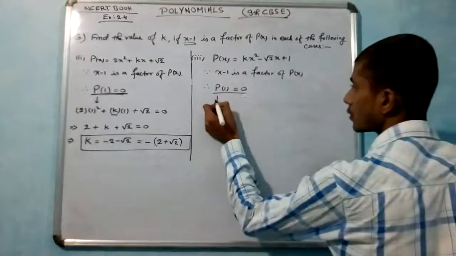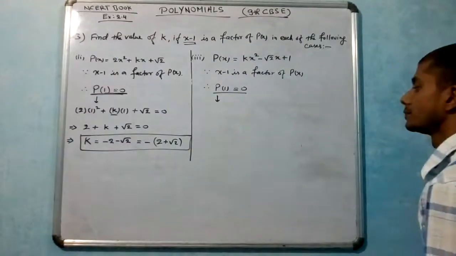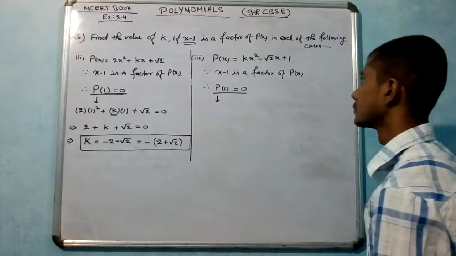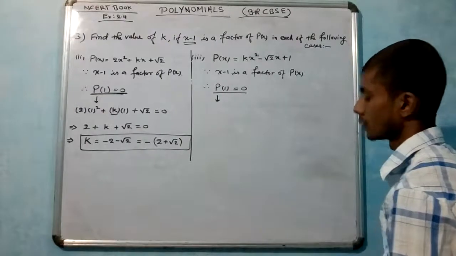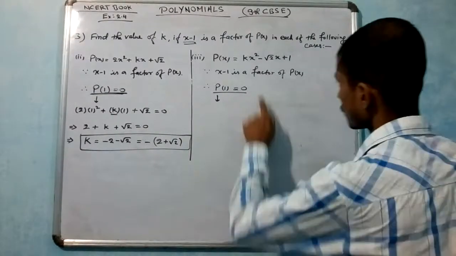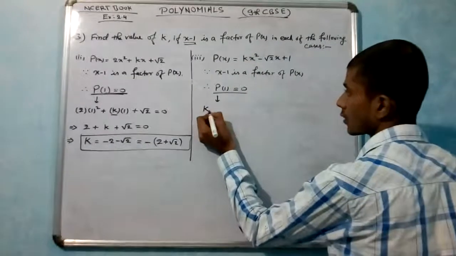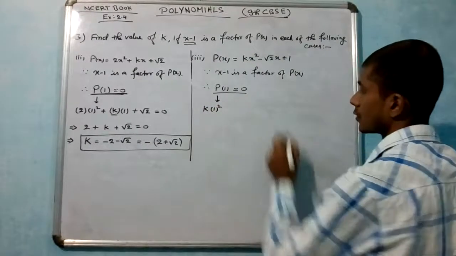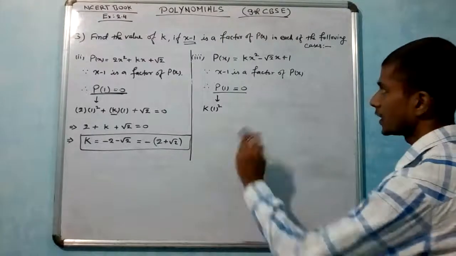Come on, tell me the values first. Now don't get lost. What should I write? K? No, x it is. So don't get lost. Be here only.